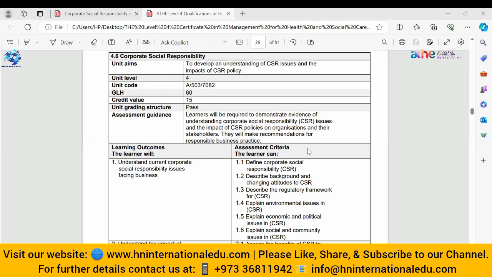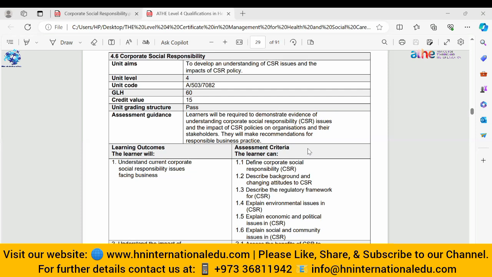That is, whenever we make up an organization, we have to inculcate the CSR, that is the corporate social responsibility, because every entity has a responsibility towards the environment as well as towards the organization.